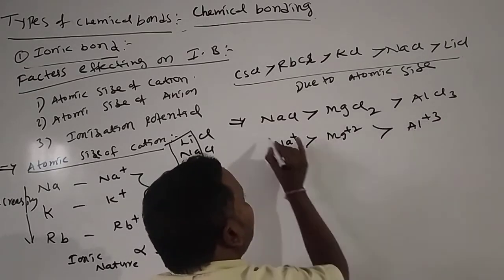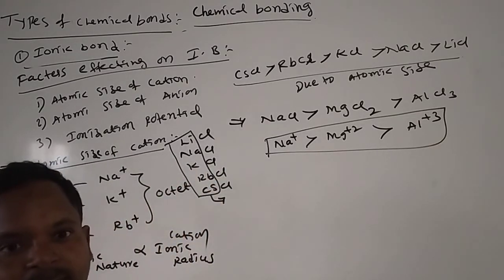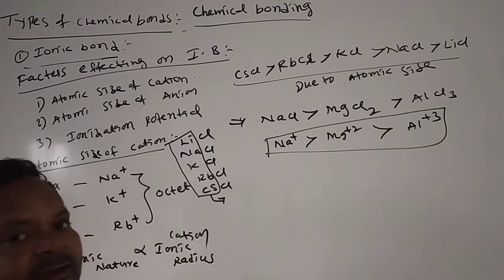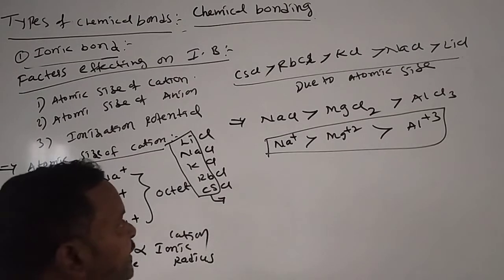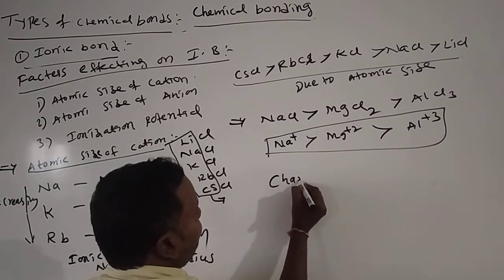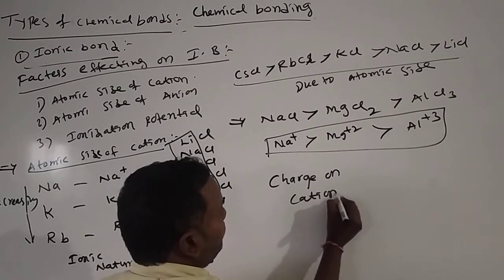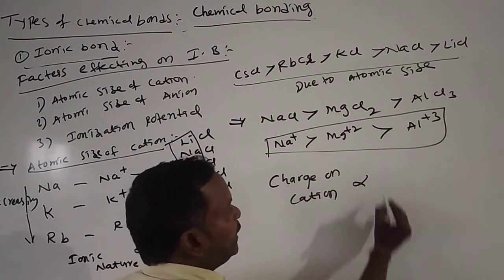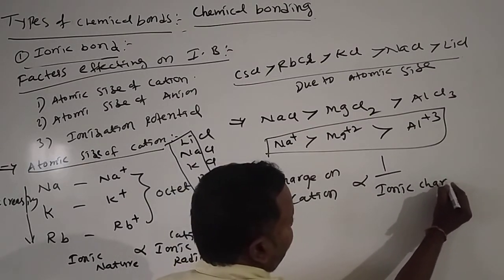That means by increasing the charge on the cation, ionic character decreases. The principle: charge on the cation is inversely proportional to the ionic character, ionic nature.